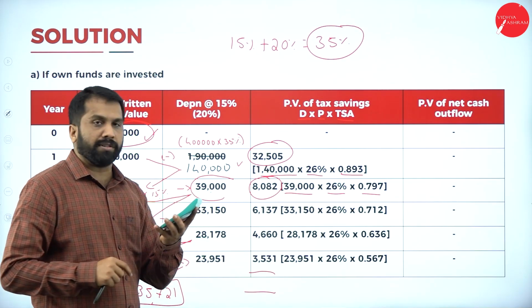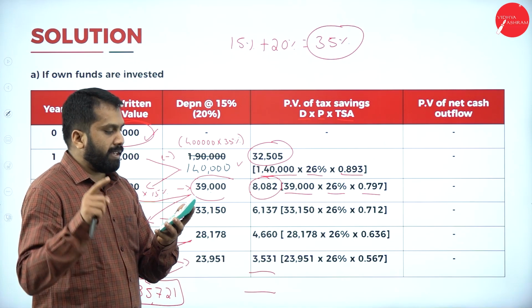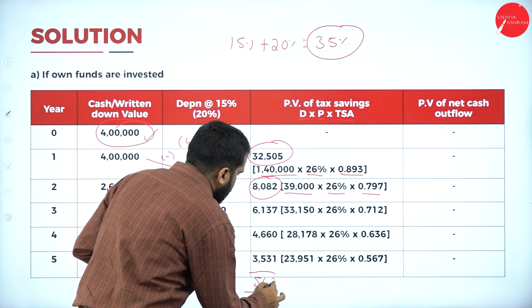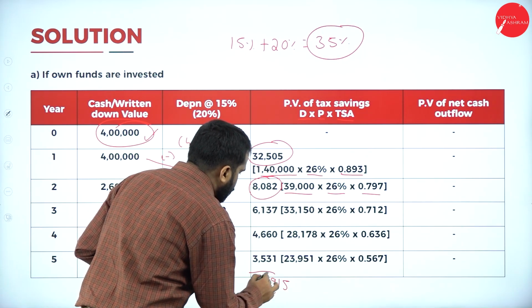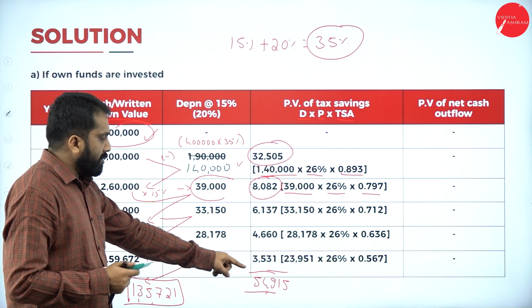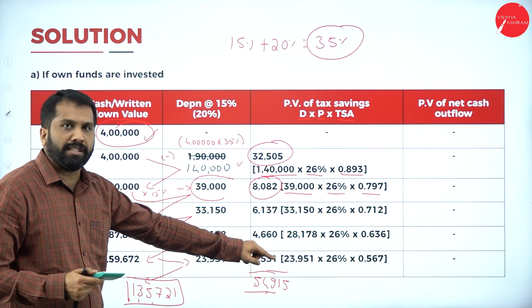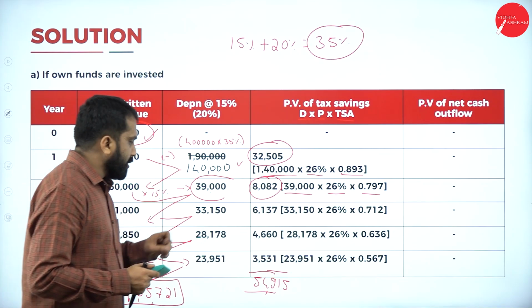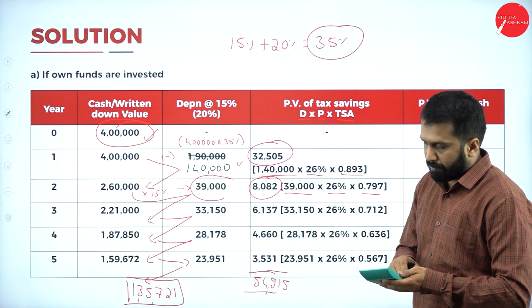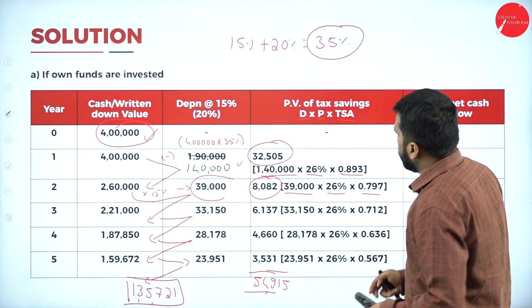So you got 54,915. Hope you got it. How much you got? 54,915 is your answer. Now, so you're done up to this.